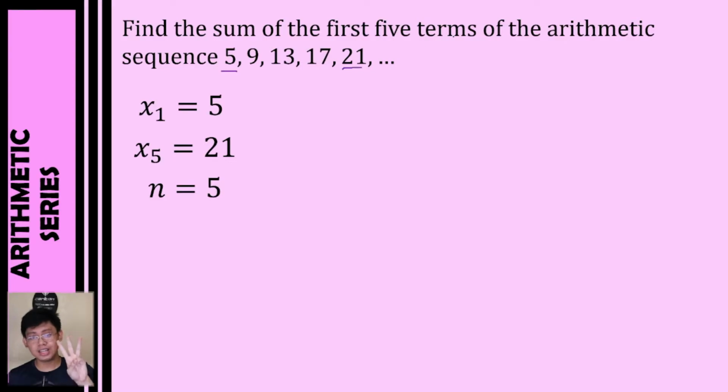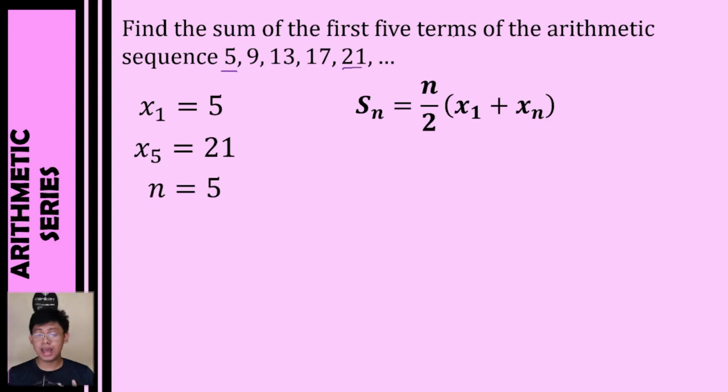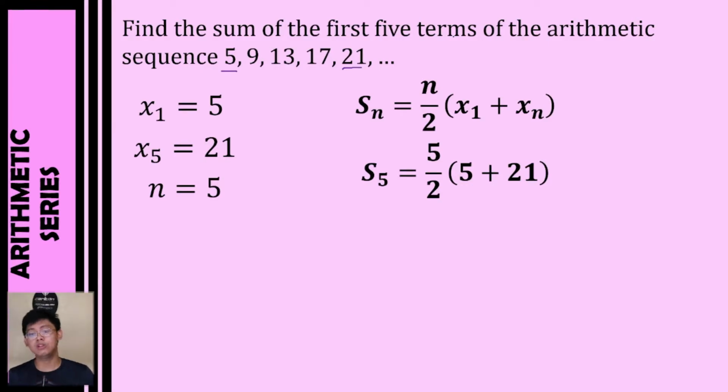Now, with these 3 given, we can use the formula S sub n is equal to n over 2 times the quantity x sub 1 plus x sub n. Let's substitute all the values of x sub 1, x sub 5, and n. Since we're looking for the sum of the first 5 terms, we have S sub 5 is equal to 5 over 2 times the quantity 5 plus 21.